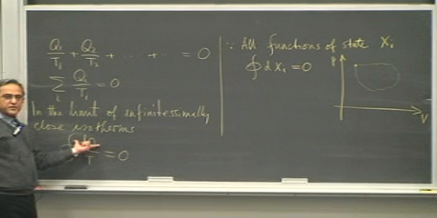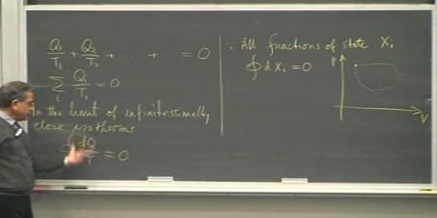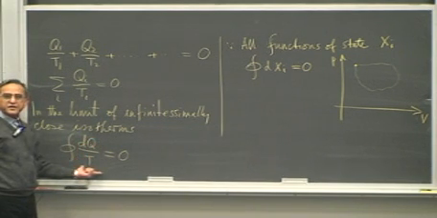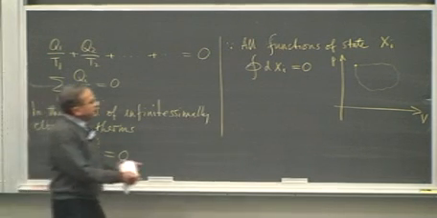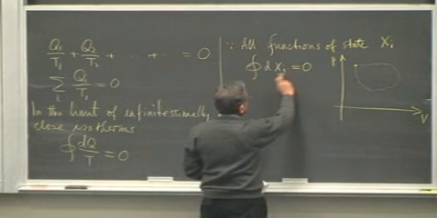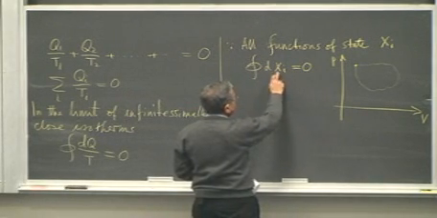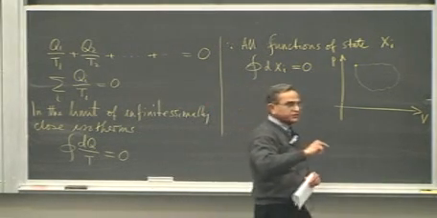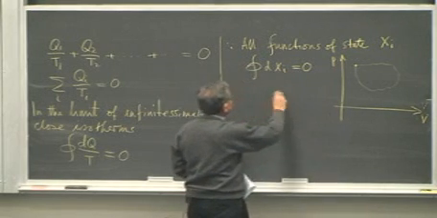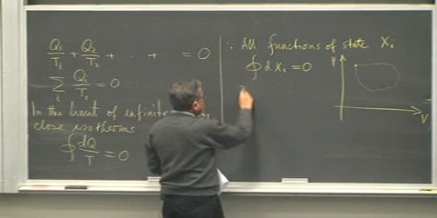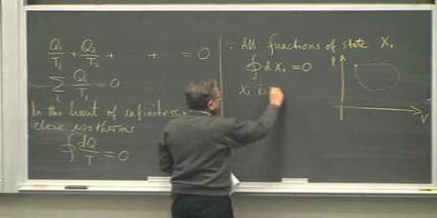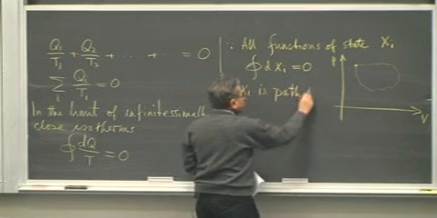So Q is path dependent, yet dq by t is path independent. Okay? Whenever any quantity like this, a particular function xi, satisfies this particular property, then xi is path independent.